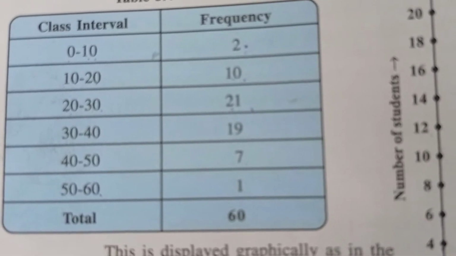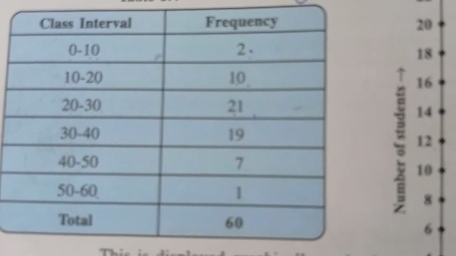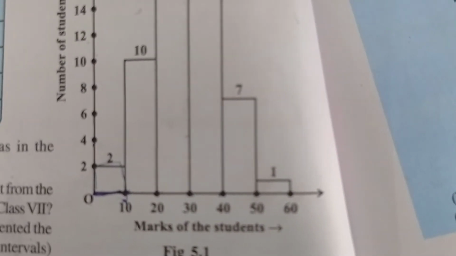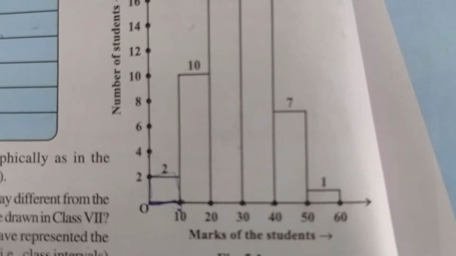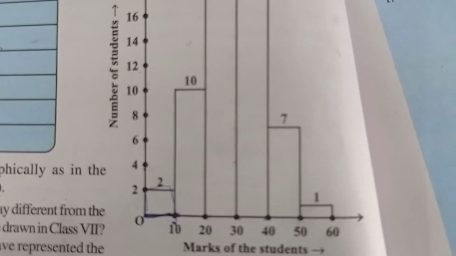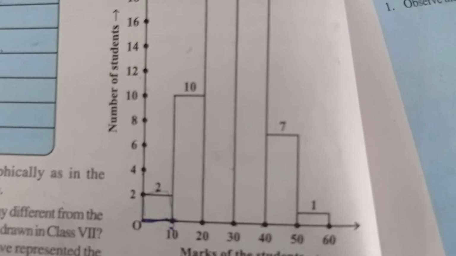If you want to represent this grouped frequency distribution table, we will represent it like this, which is called a histogram. It is not like a bar graph; we can see a bit of change. In a bar graph, there is a fixed distance between each rectangular bar.